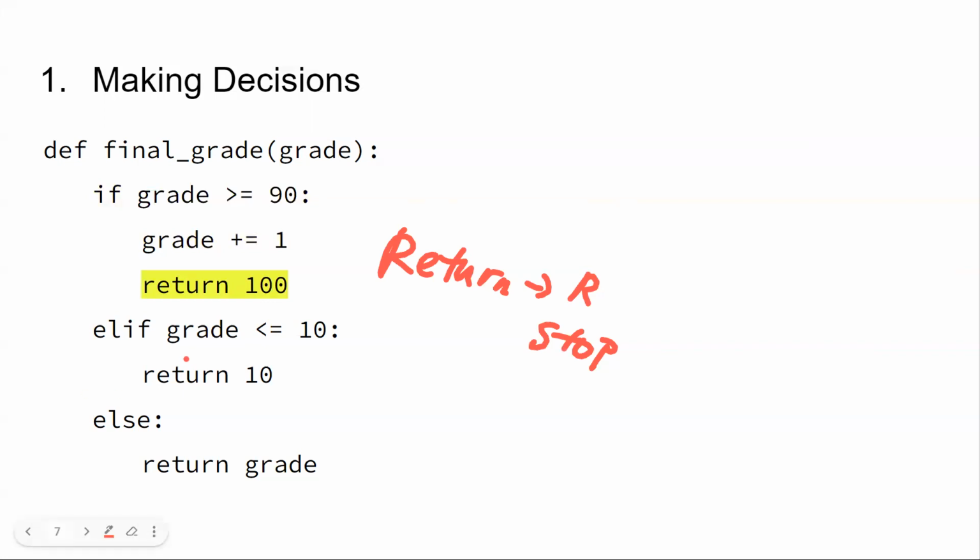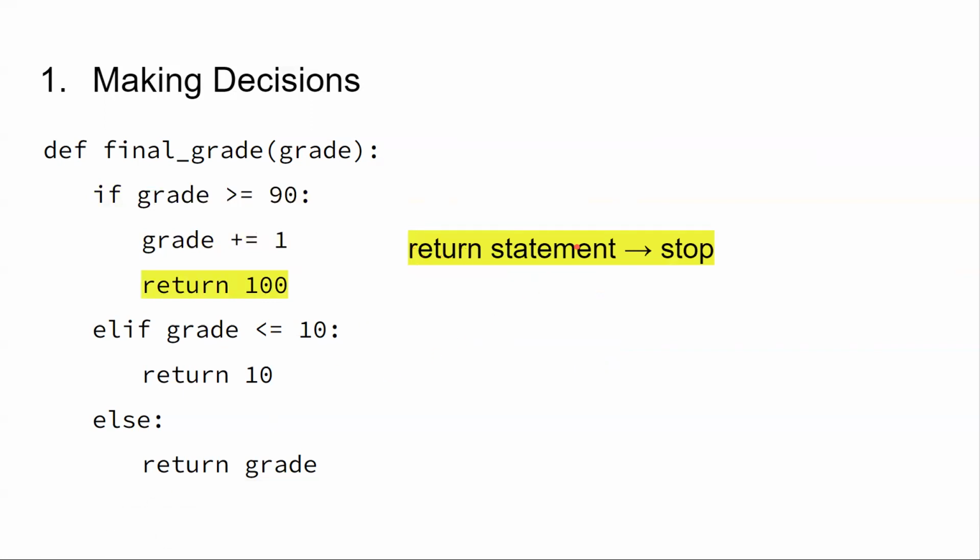Once we hit the return statement, we return the value to where the function is called, and then we end the frame, ending the function running. So the return statement means stop; it stops the function from continuing to run.